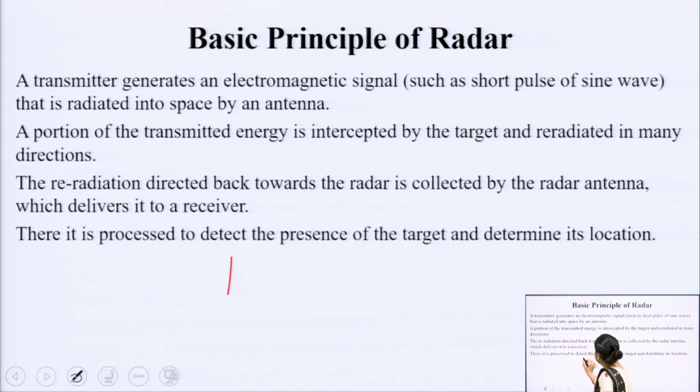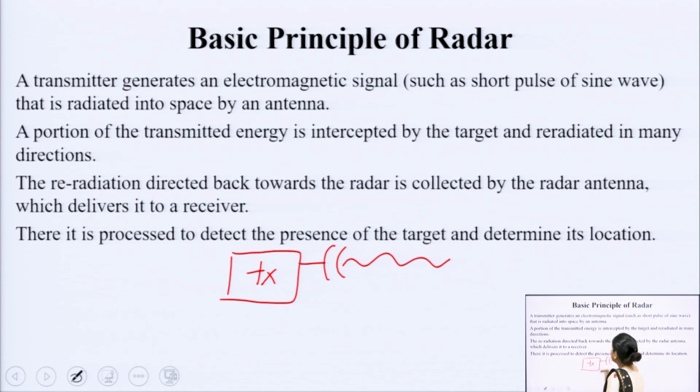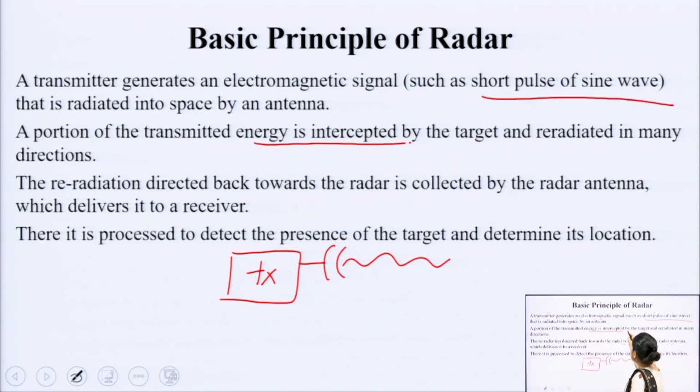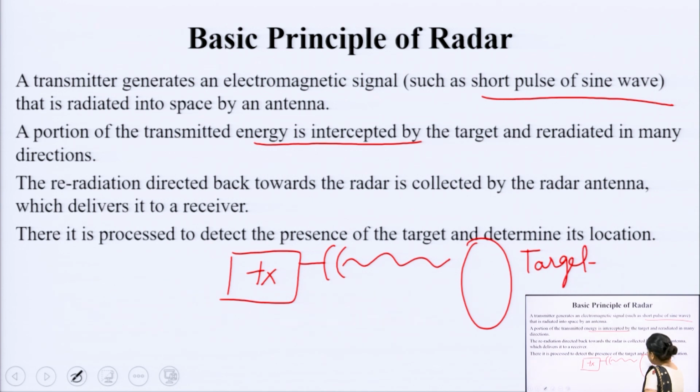So, the radar consists of a transmitter section with an antenna which is used to send the signal into space, and that signal is the short pulse of a sine wave. A portion of the transmitted energy is intercepted by the target. As we know, this is the target, and already we know that for 100% energy to be intercepted by the target, their impedance should be the same, but that is not the case here.